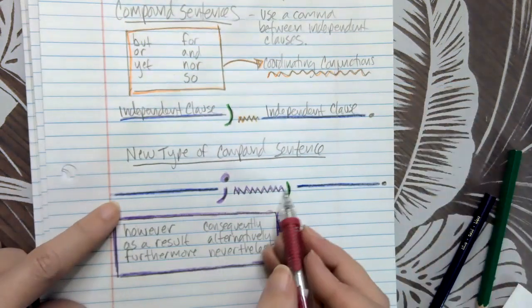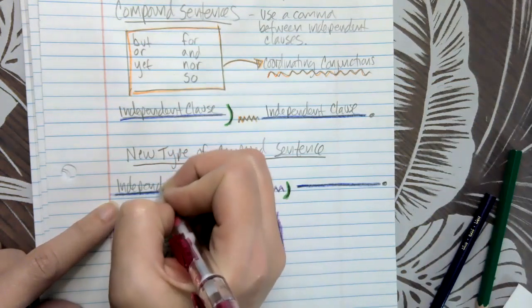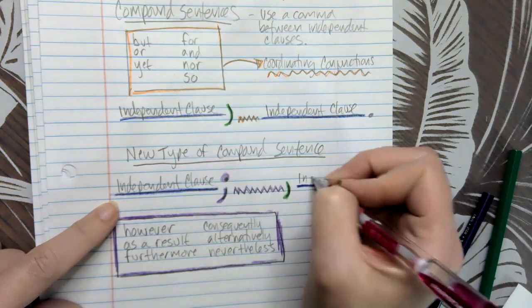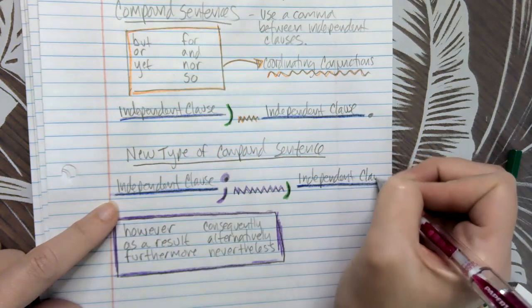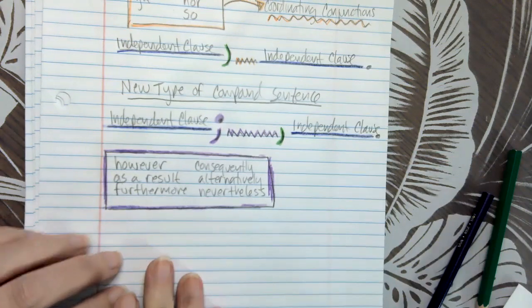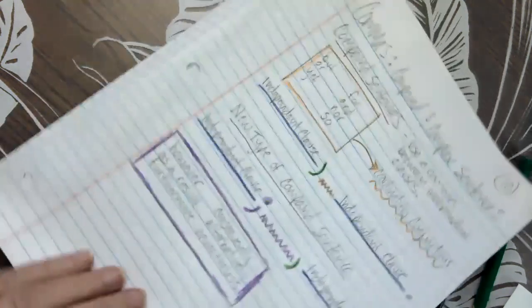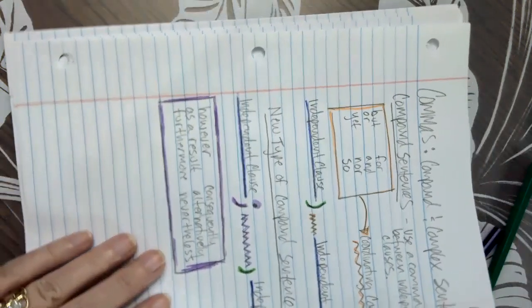Okay, and then again, both of these are independent clauses. All right, go ahead and get that written. Now, we're going to do some examples. Oh, let's turn our paper over to the side here and let's write, this is a type of compound sentence.